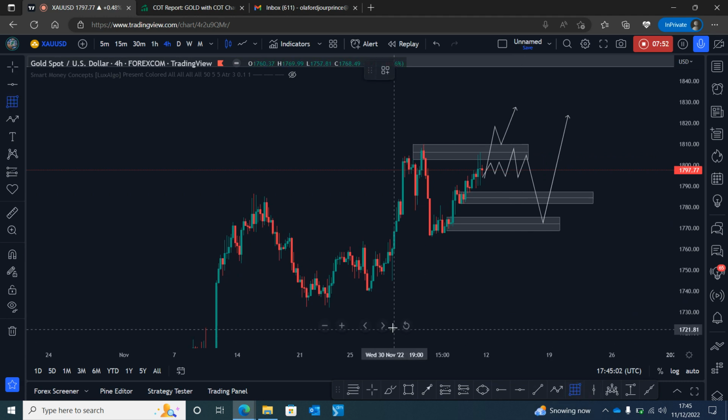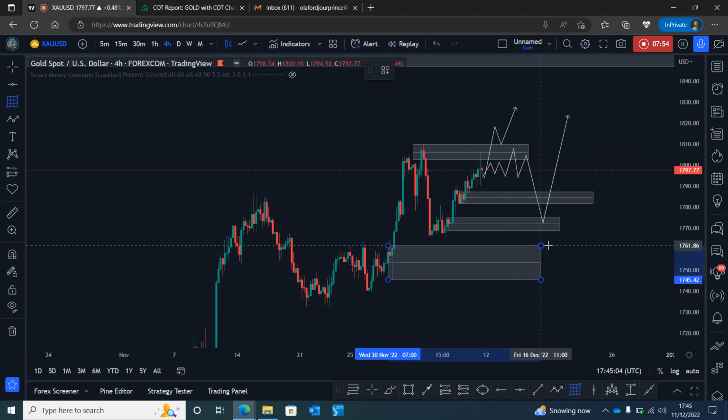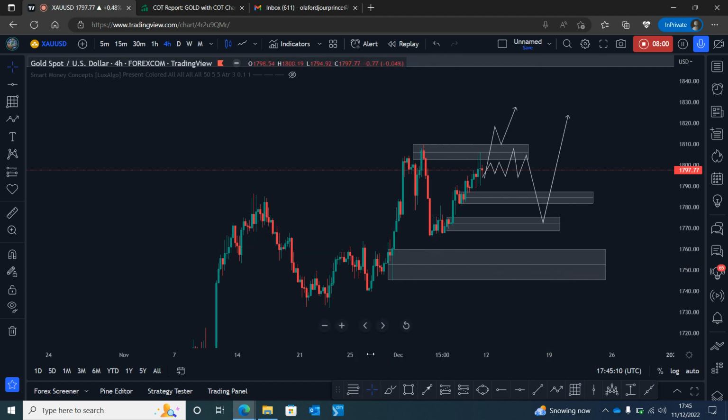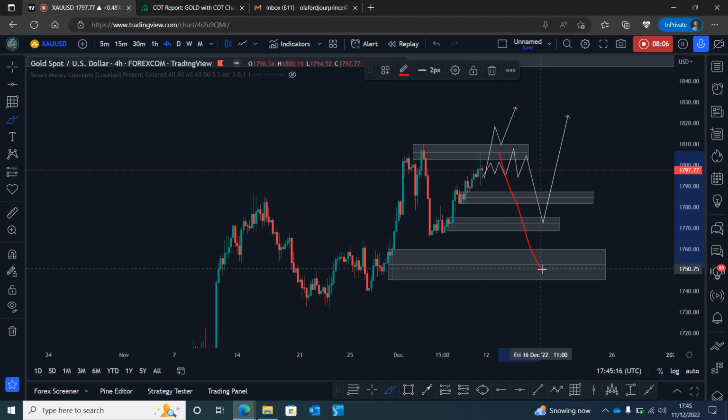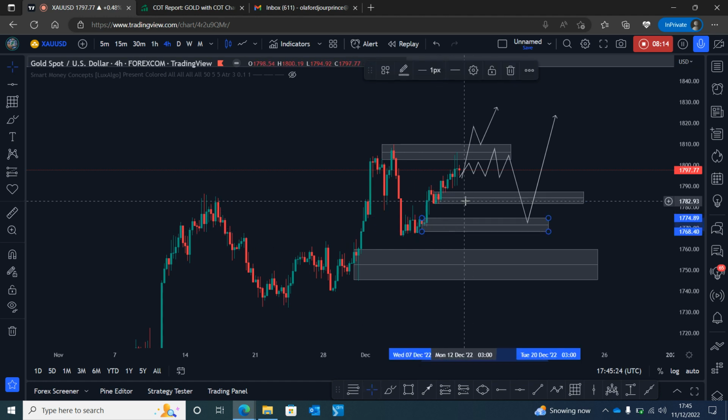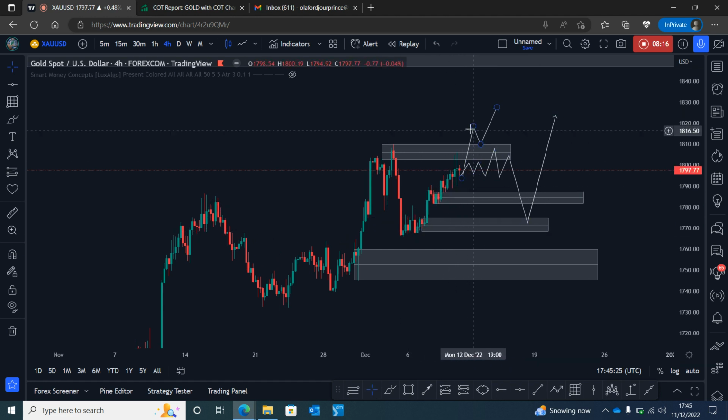However, price could even push down further to this order block that we have here, because it's very, very important, as these are just in structures, order blocks, which sometimes tend to be weak. So you always tend to look at the bigger picture to see where it is optimal to see a continuation to the upside. So these are the areas that I'll be paying attention to, to see what price action shows.